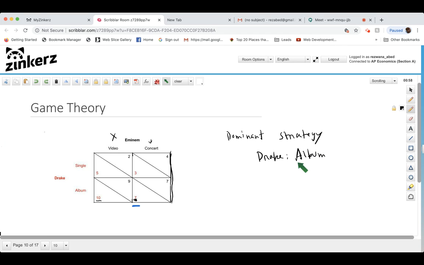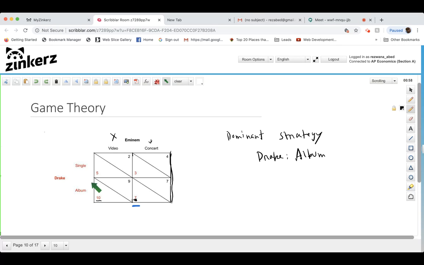A dominant strategy is exactly what I just said. It's when one player has one action that he can choose that gives him the best payoff regardless of what the other player is doing. So here it is better for Drake to release an album because it always gives him a better payoff regardless of what Eminem does.